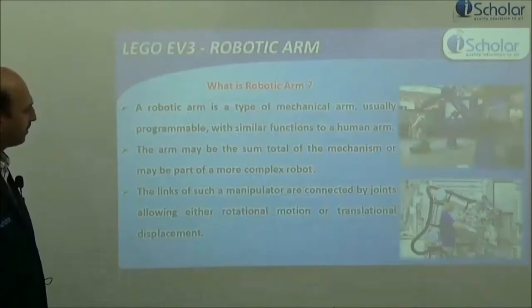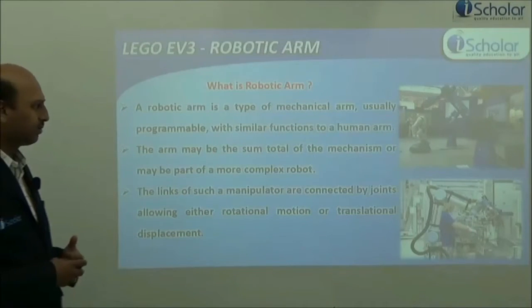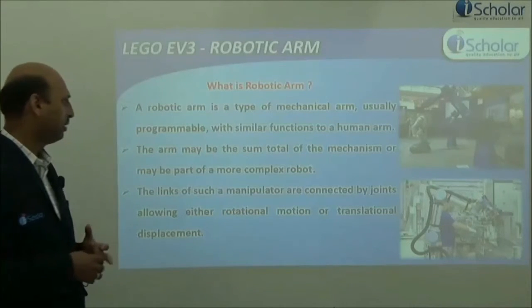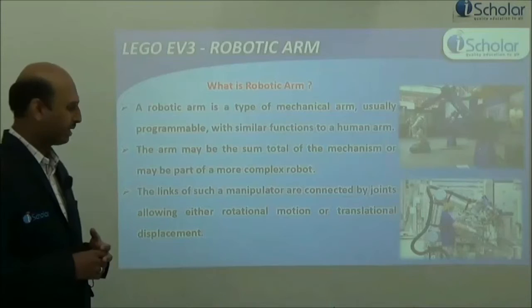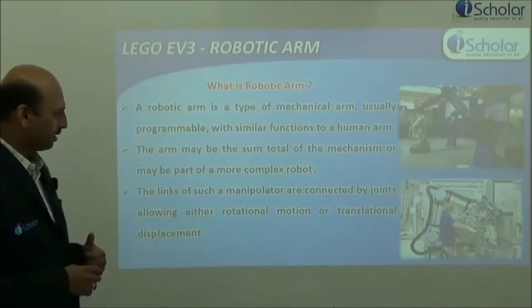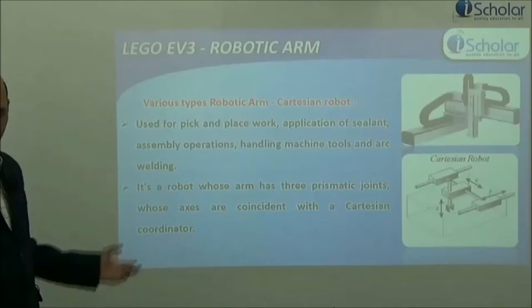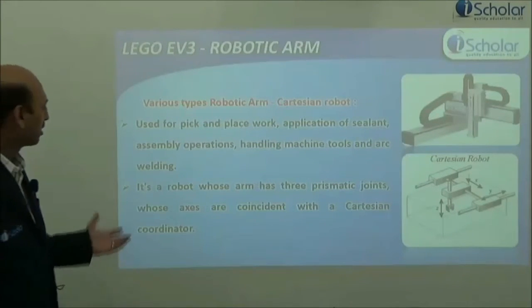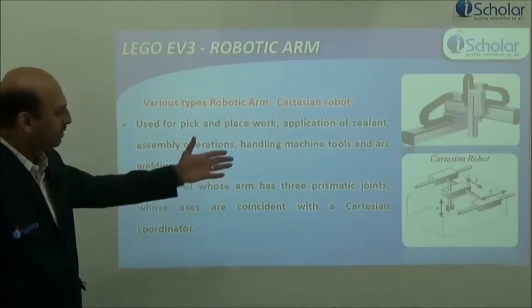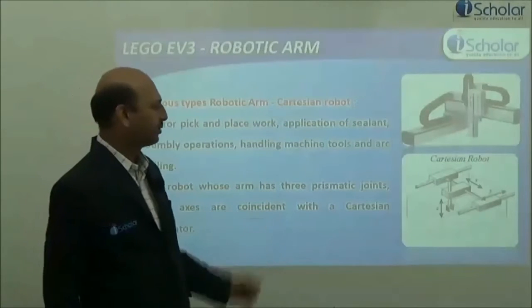So there are different types of robotic arms, and what exactly a robotic arm is, I have explained. It is used in different manufacturing plants to do some tasks. There are different types of robotic arms used in different industries, like the Cartesian robot, which will be in this shape, made with actuators.